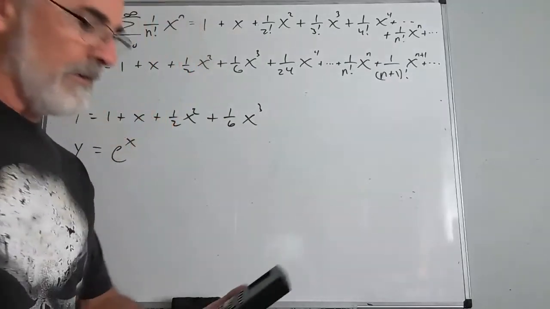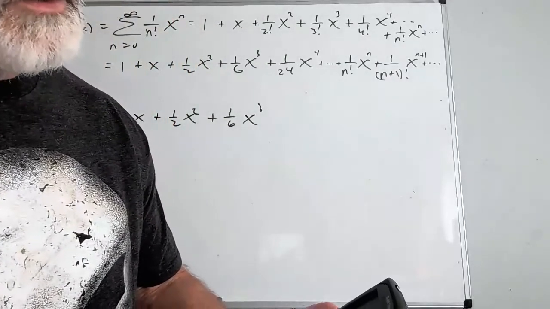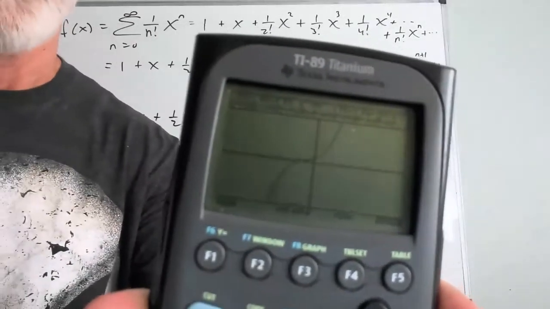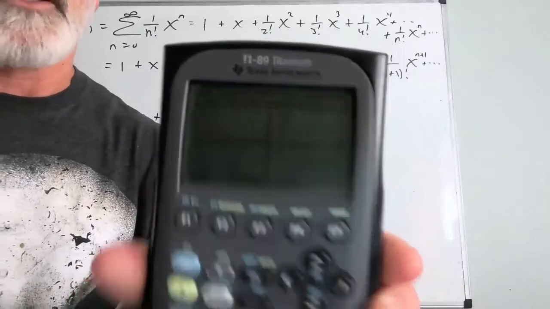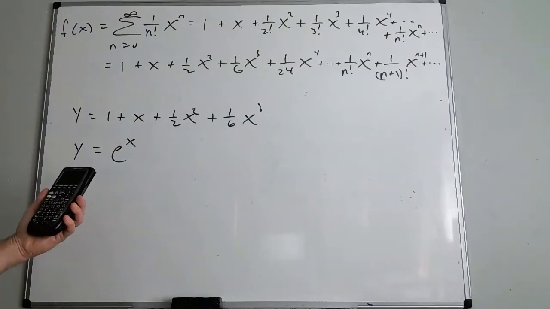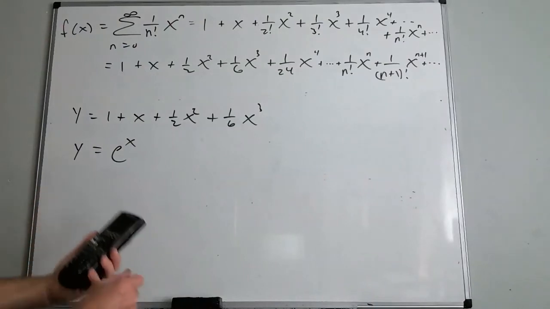Okay. Let's see what happens. Okay, so you see something that looks like that. Okay, great, great. That's really not that exciting. All right, 1 plus x. Okay, so I got that thing there.